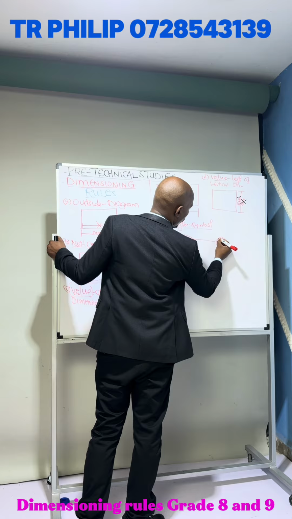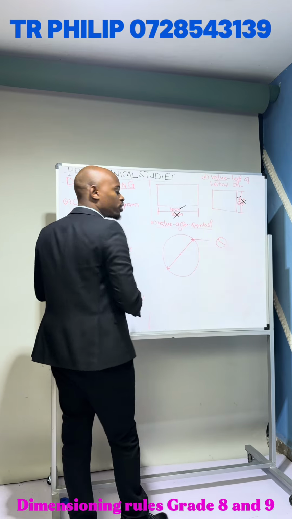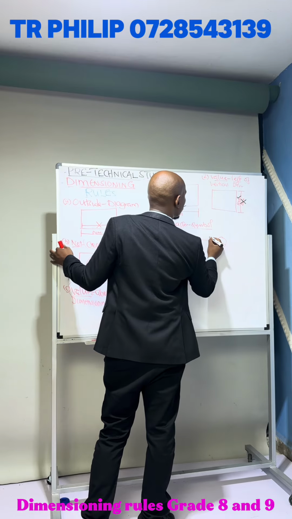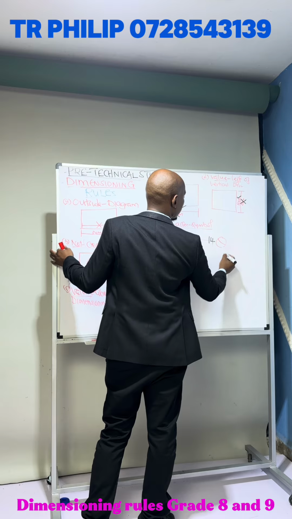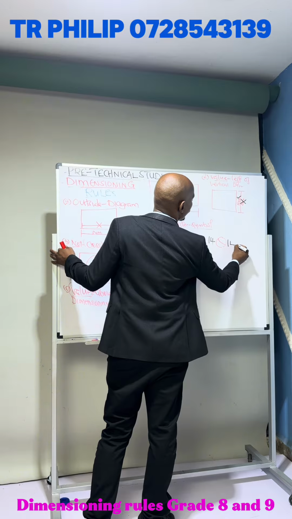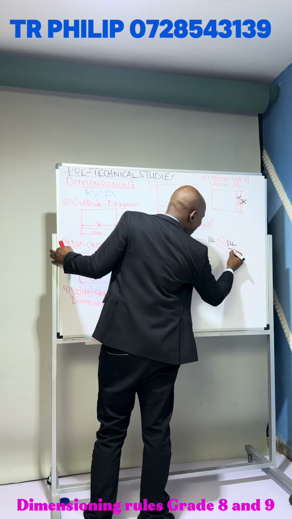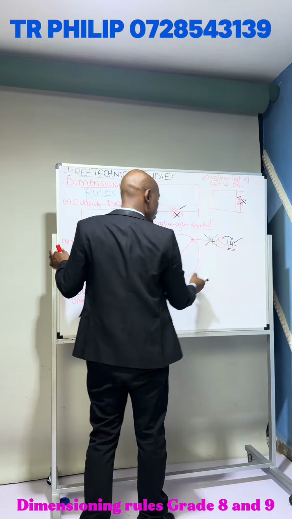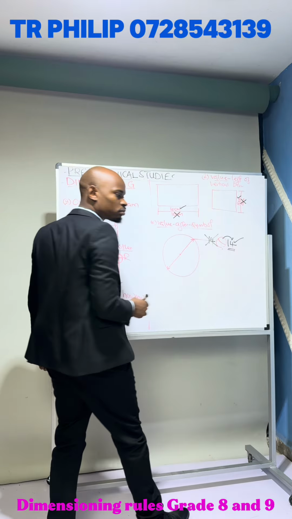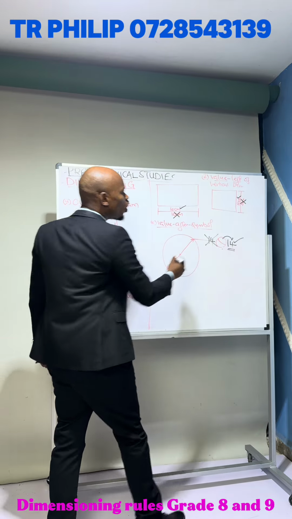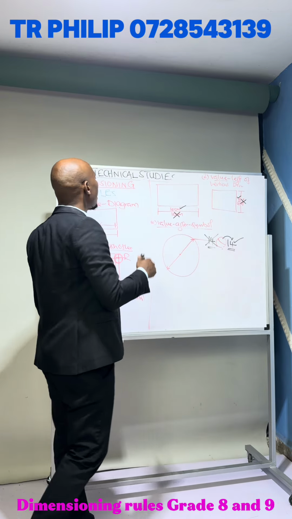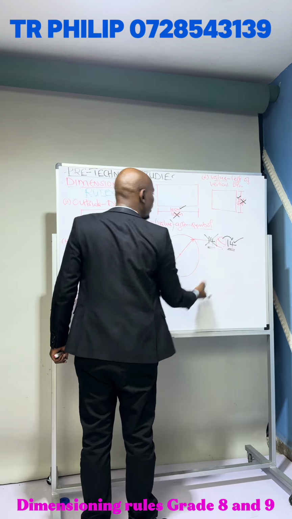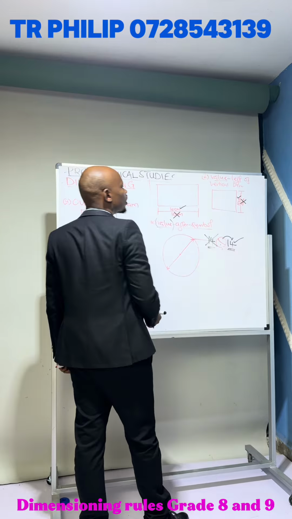Remember, this is a symbol of diameter, as we shall talk about symbols. You cannot say it is 14 diameter. It should be diameter 14, after the symbol. Very right. Not before the symbol.